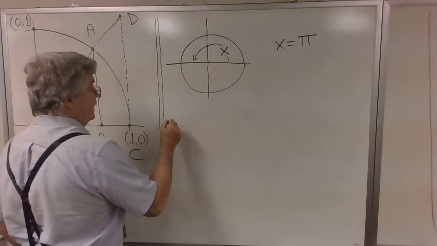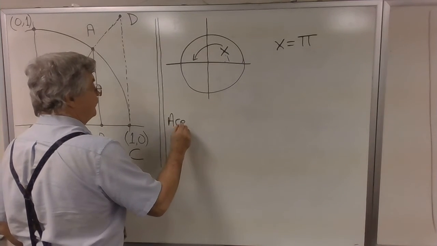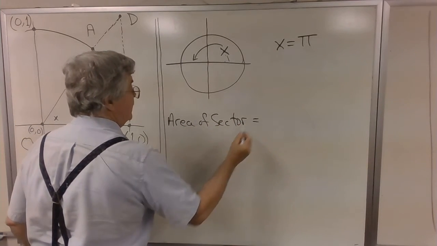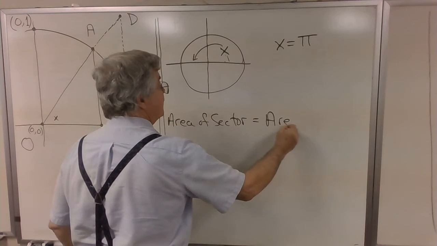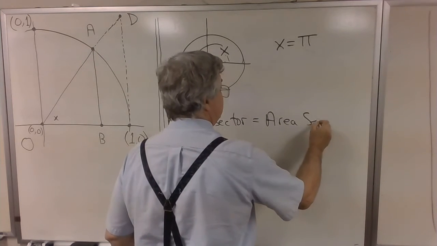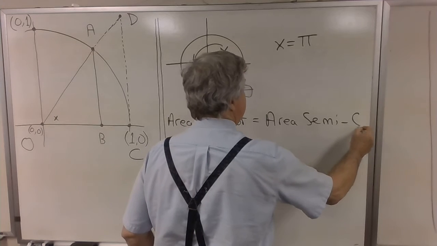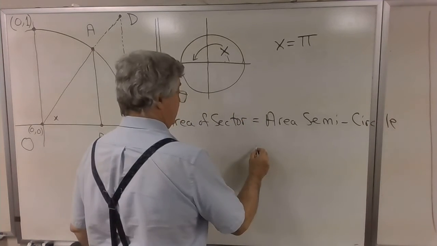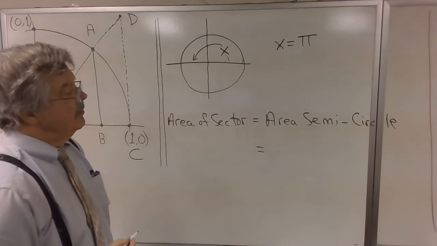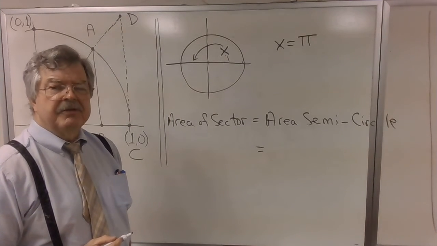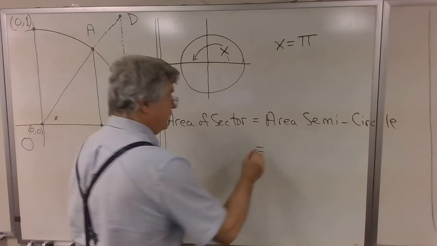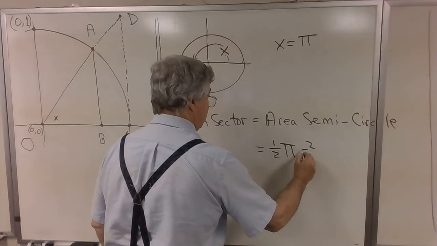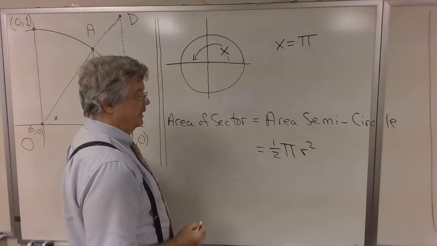And we have the area of the sector, that's going to be the area of the semicircle. Well, what's the area of a semicircle? It's 1/2 the area of the entire circle. 1/2 pi r squared.